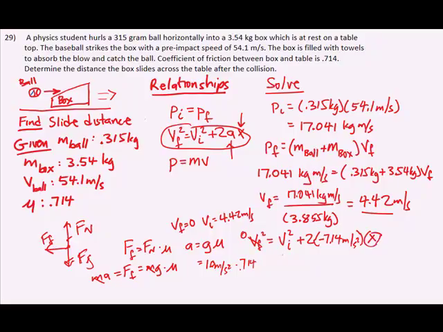Let's plug this in and isolate for x. So x is going to be equal to my velocity squared, 4.42 meters per second, that entire value squared, divided by 2 times 7.14 meters per second squared. Do a little bit of math there, and I get 1.38 meters.